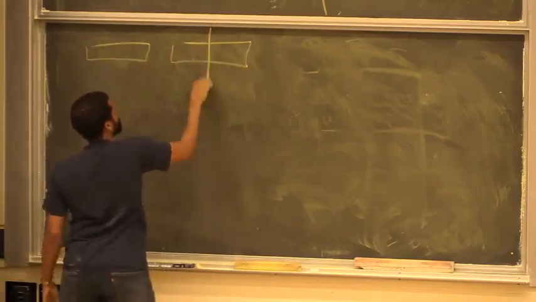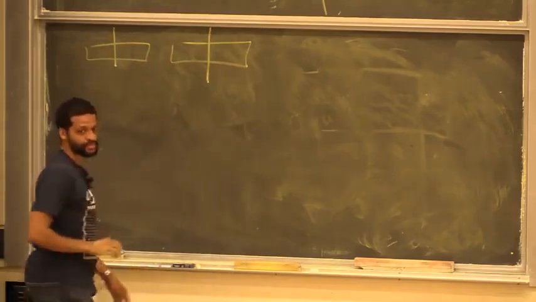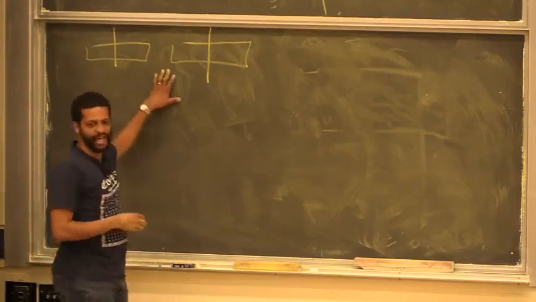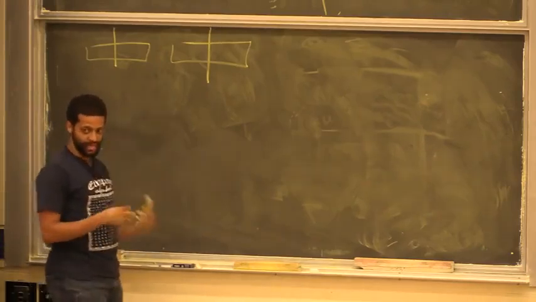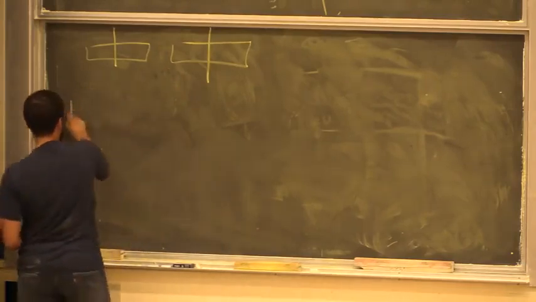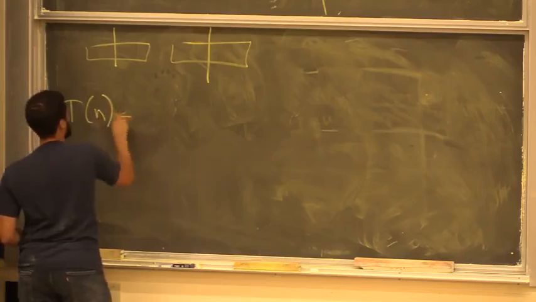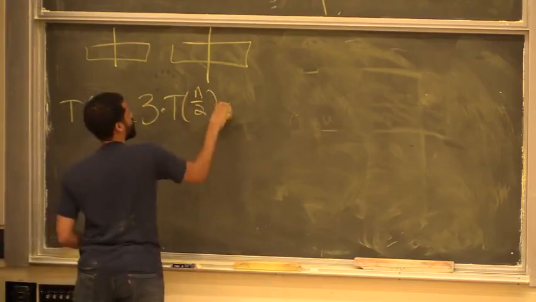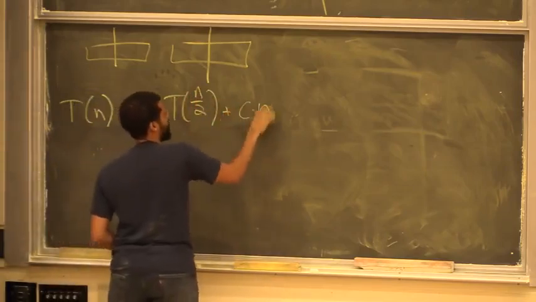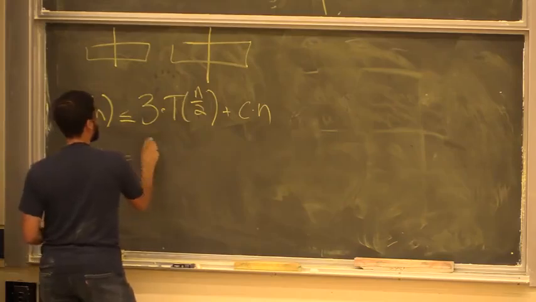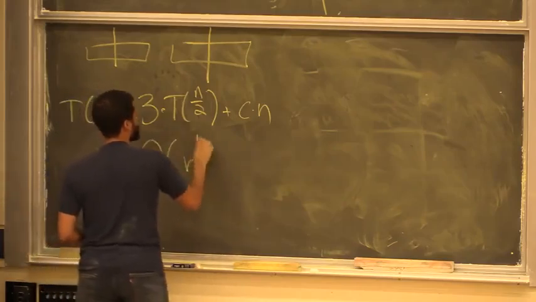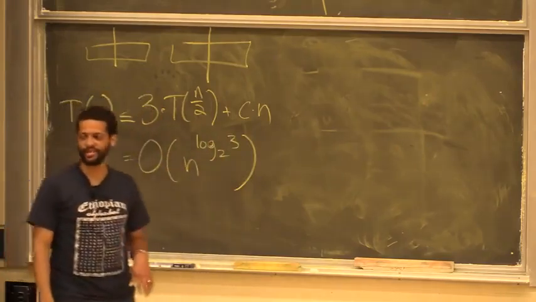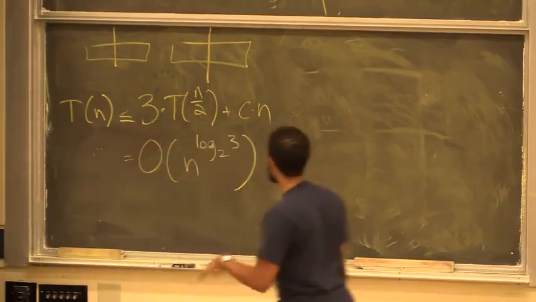We broke them each into two pieces, and recursively did 3 multiplications. Then we combined them in linear time. We had a recurrence that said T of n is at most 3 times T of n over 2 plus some constant times n. And then we ended up saying that this was big O of n to the log base 2 of 3. Right? Does that sound familiar? That was Tuesday.